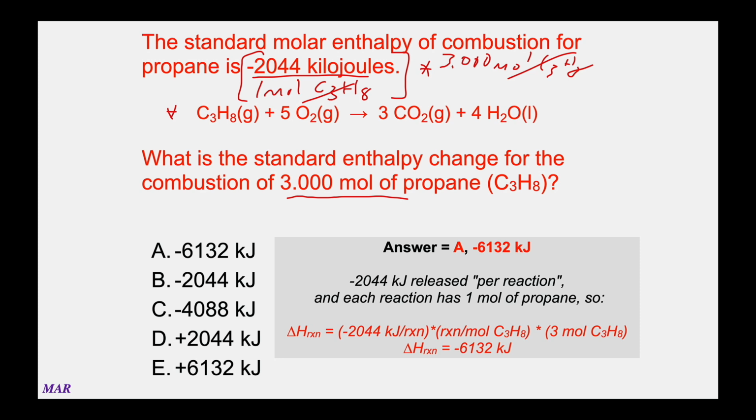The answer comes out to be A, negative 6,132 kilojoules. This reaction was exothermic to begin with. The enthalpy was negative, so the answer had better be negative as well. That's important. You wouldn't want to use the positive version. So the negative 2044 times 3 would give you the answer. Lots of energy released upon burning propane.